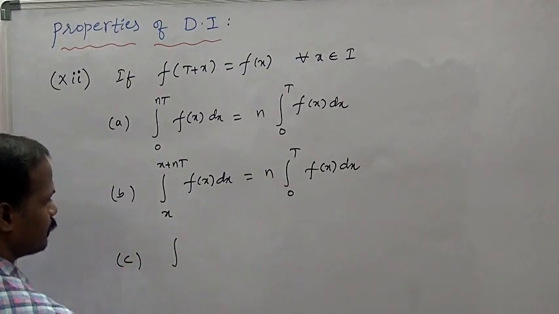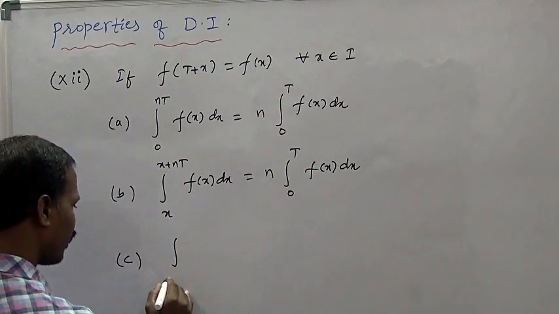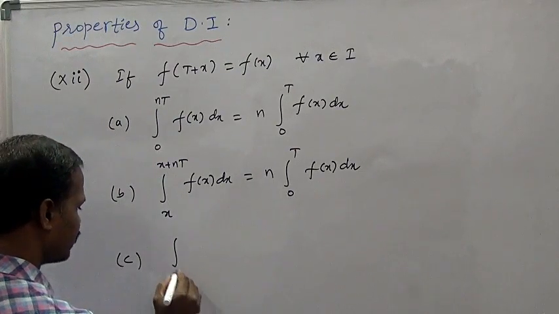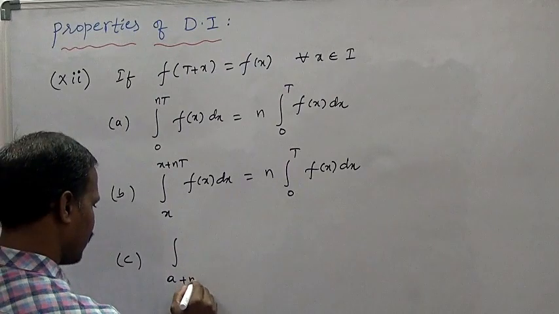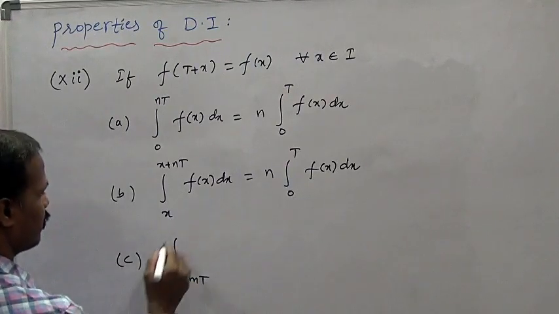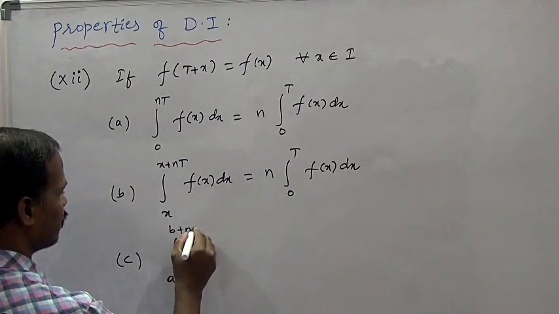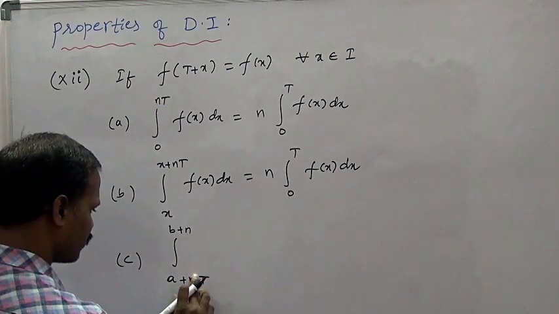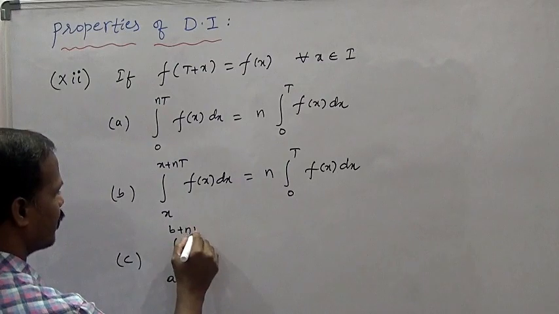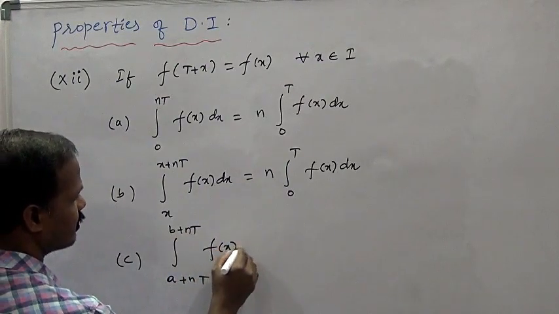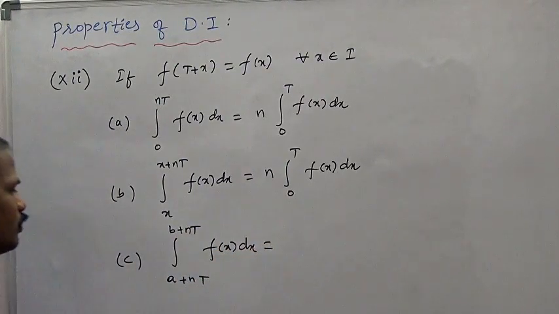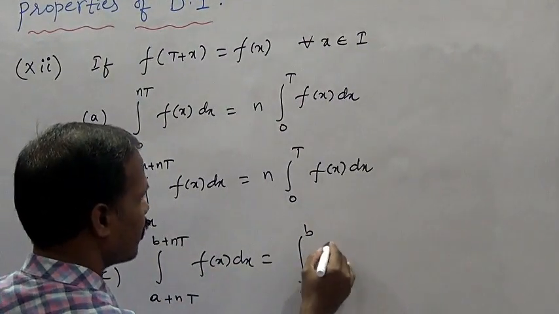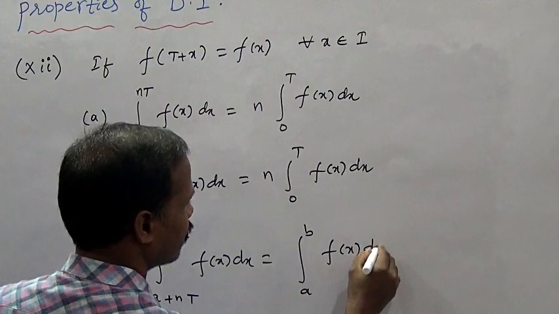So, integral from a plus mt to b plus nt f of x dx equals integral a to b f of x dx. Take n, of course you can take m also, no problem.